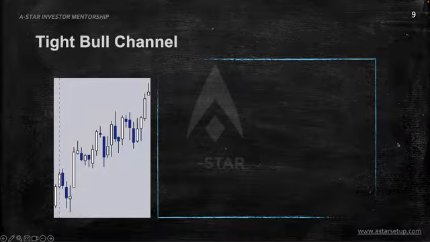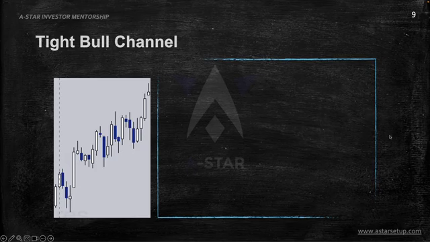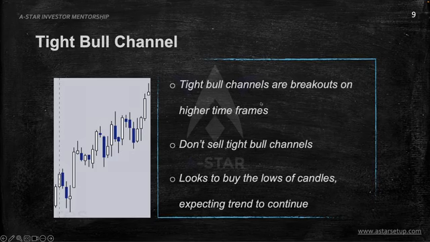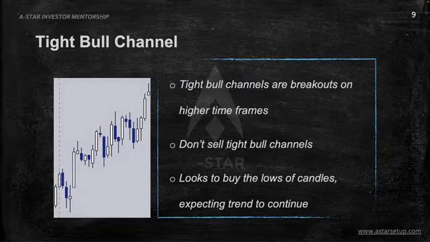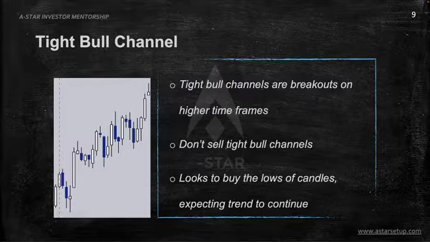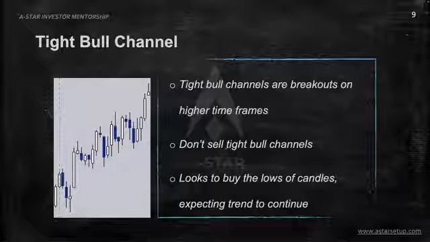Tight bull channels are also a bullish price action upwards. Tight bull channels are breakouts on a higher time frame. You remember the previous charts I just showed you of lethargic moves up? This tight bull channel that you see in this diagram, if you went and clicked the button to go to a higher time frame to observe that same price action, this thing that appears as a tight bull channel will appear as a breakout on the higher time frame.